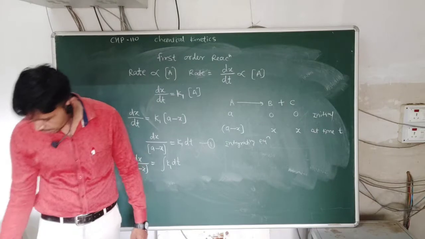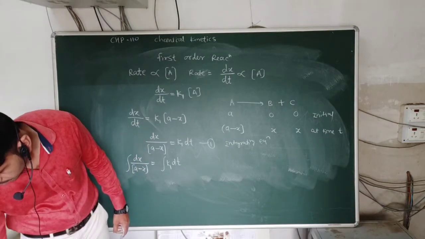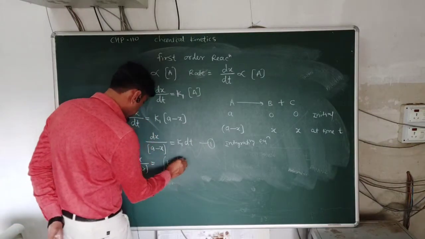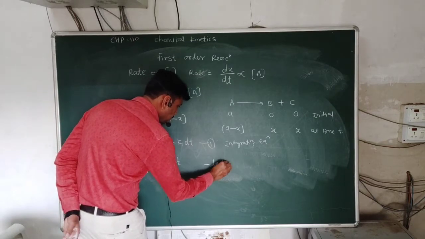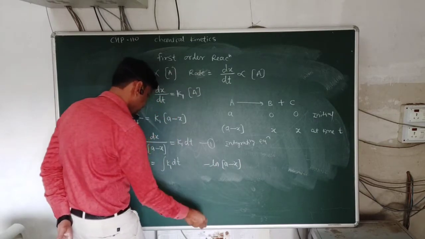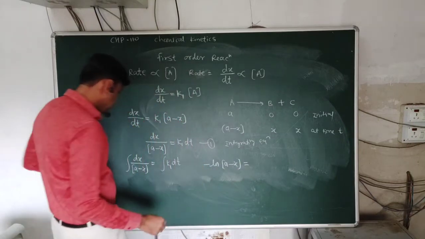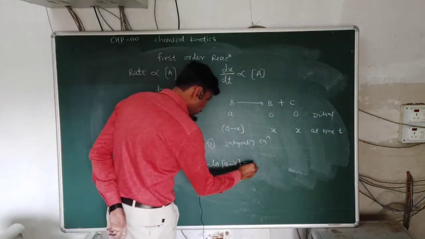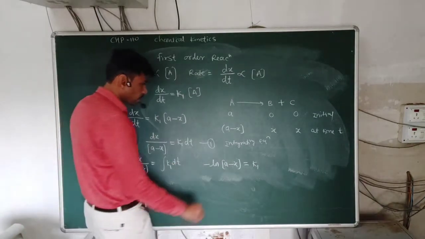The integration of the left side gives minus ln (A minus x) equal to, and K1 is a constant term, so it remains as it is.